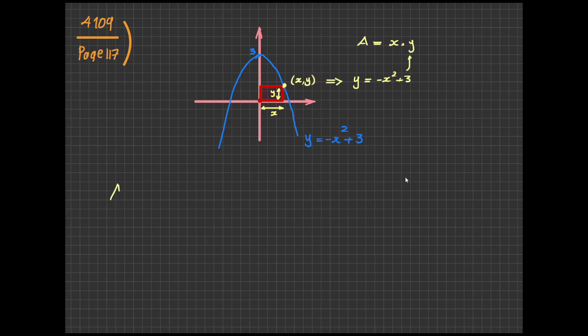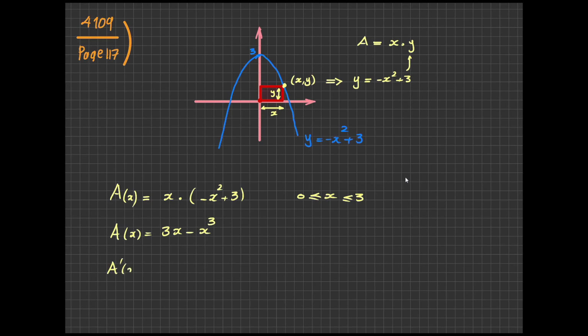Then my function A becomes x times minus x squared plus 3. But this is a function only of x. And of course, I have some limitation for my x, yes? It cannot be less than 0. Maximally, it cannot be 0 or cannot be 3. But then I simplify this by multiplying this in, so it becomes 3x minus x cubed.